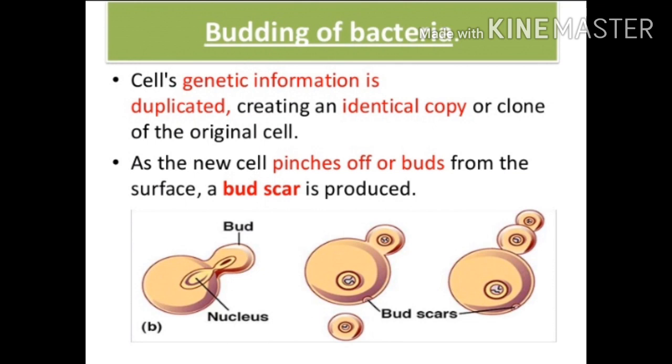In budding of bacteria, the cell's genetic information is duplicated, creating an identical copy or clone of the original cell. As the new cell pinches off or buds from the surface, a bud scar is produced. From the diagram you can see how the bud formation is taking place and how these bacterial cells are separated from each other just by formation of the bud. So this is the budding of bacteria.